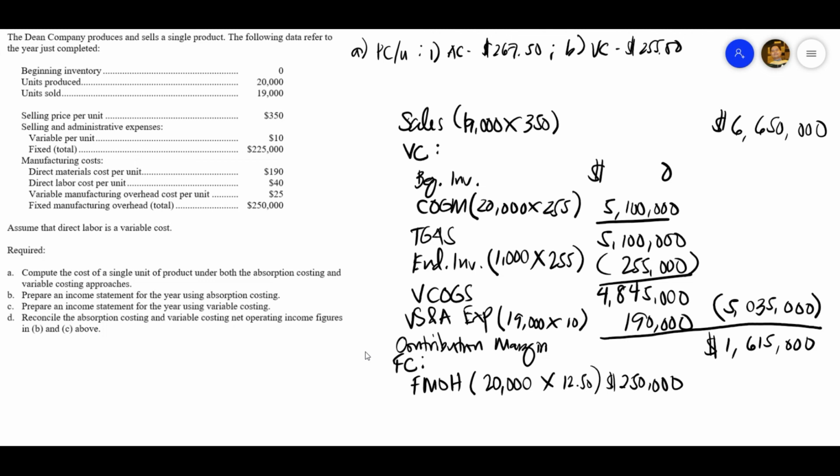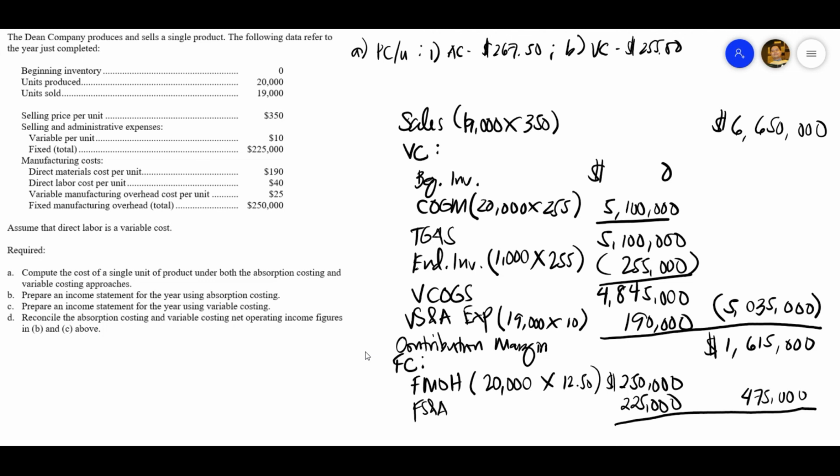So it's still $250,000. And for your fixed selling and administrative expense, it is already given here. It's $225,000. And then we add the two, it will give us your fixed cost of $475,000.